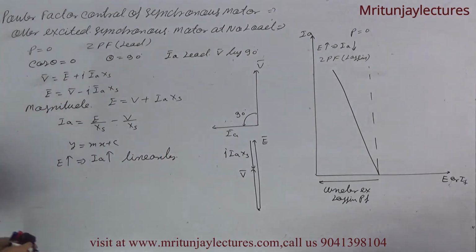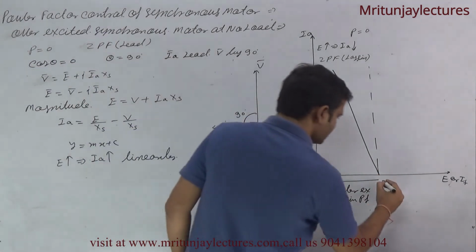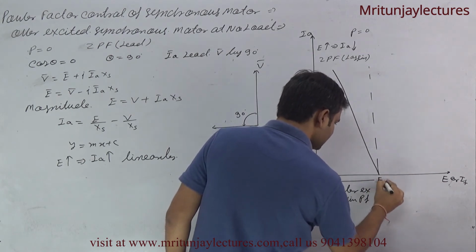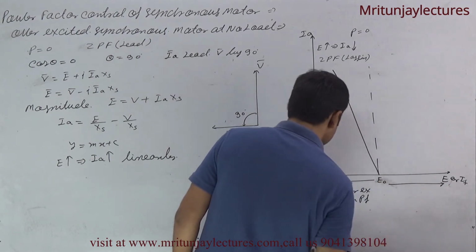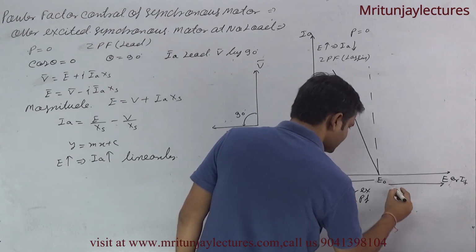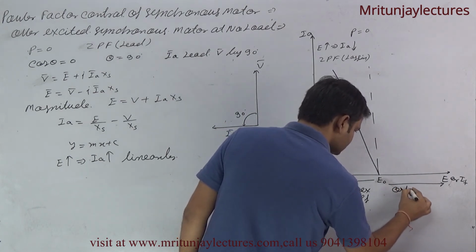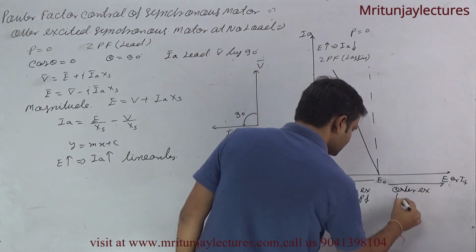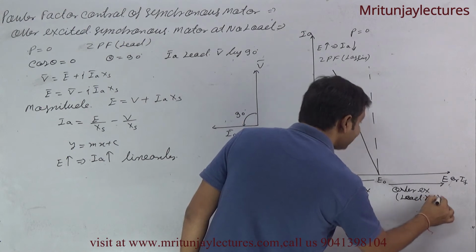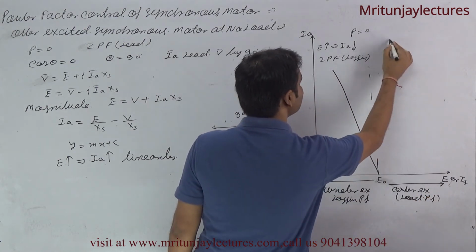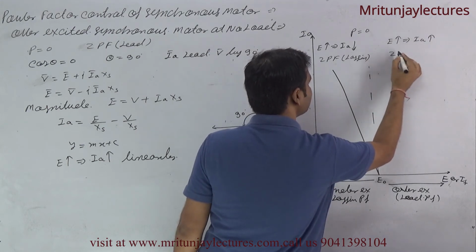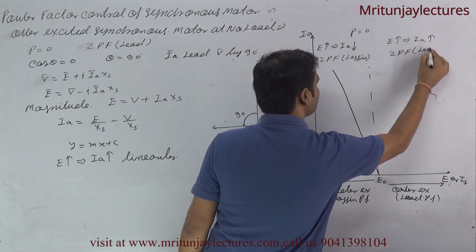So this one is E naught. Now in this region, this one is called overexcitation. Overexcitation, that is leading. In this region, E increases, IA also increases. That is ZPF, leading.